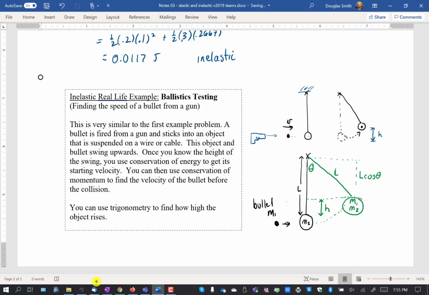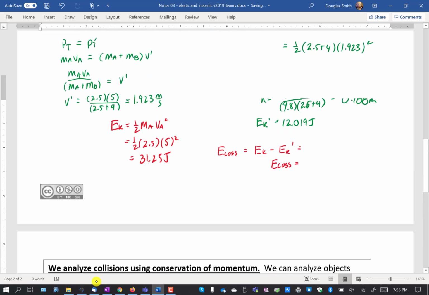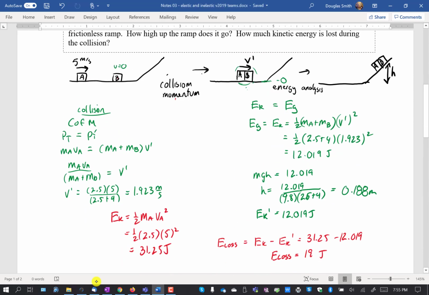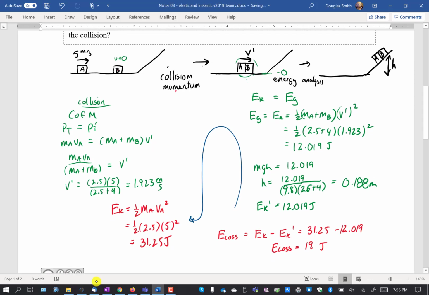And once they know the kinetic energy, they can get the velocity. And then once they know the velocity, they can work backwards through the collision. So it's almost exactly like this problem, only that they go backwards. They start here and go this way through the problem. Other than that, it's pretty much exactly the same.